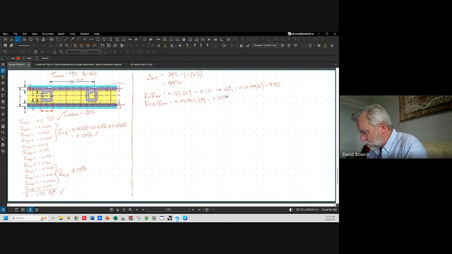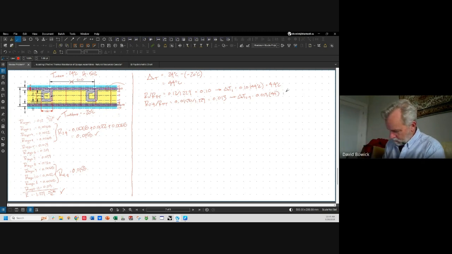That is 0.013. Therefore, delta T 2 to 4 equals 0.013 times 44, which is 0.56 or 0.57 degrees Celsius.